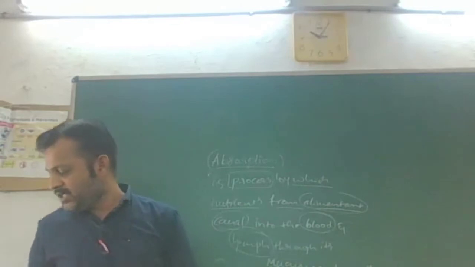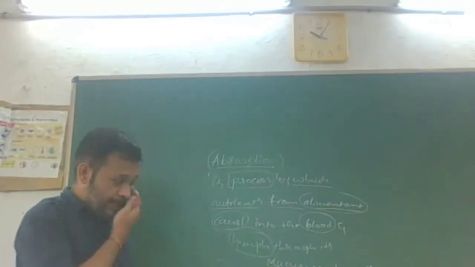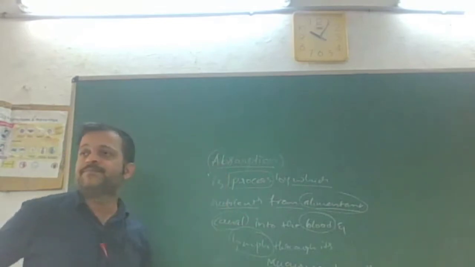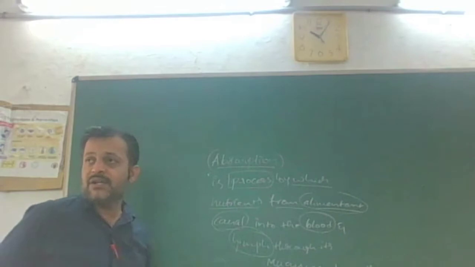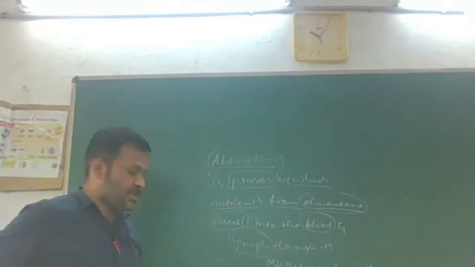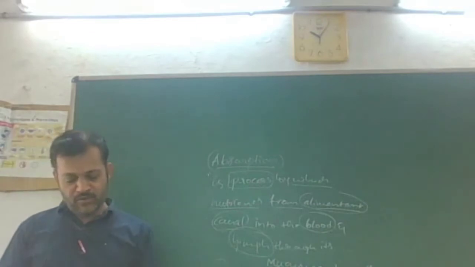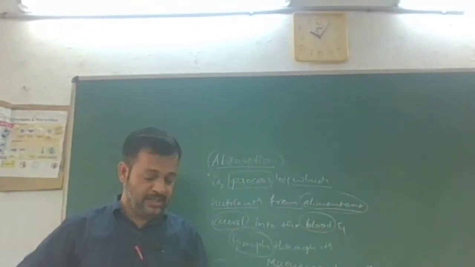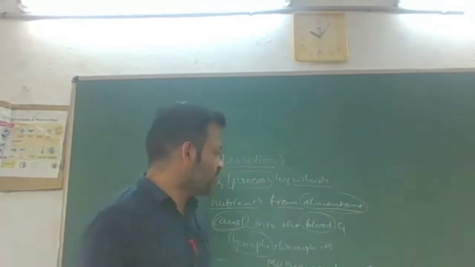So in digestion, there are major steps. First is mechanical and chemical digestion, later absorption. When it is absorbed by the blood and lymph, then only it reaches all the cells and tissues in the body. Next slide: 90% of absorption takes place in the small intestine.